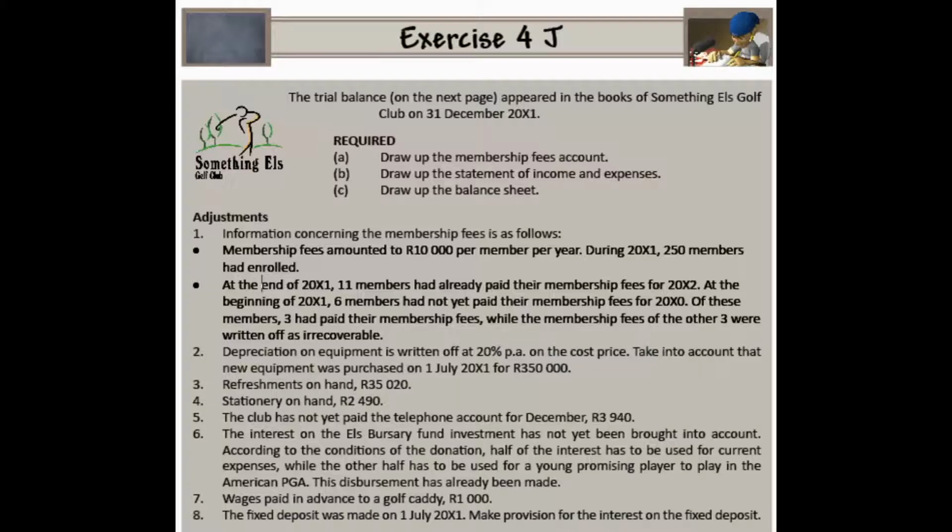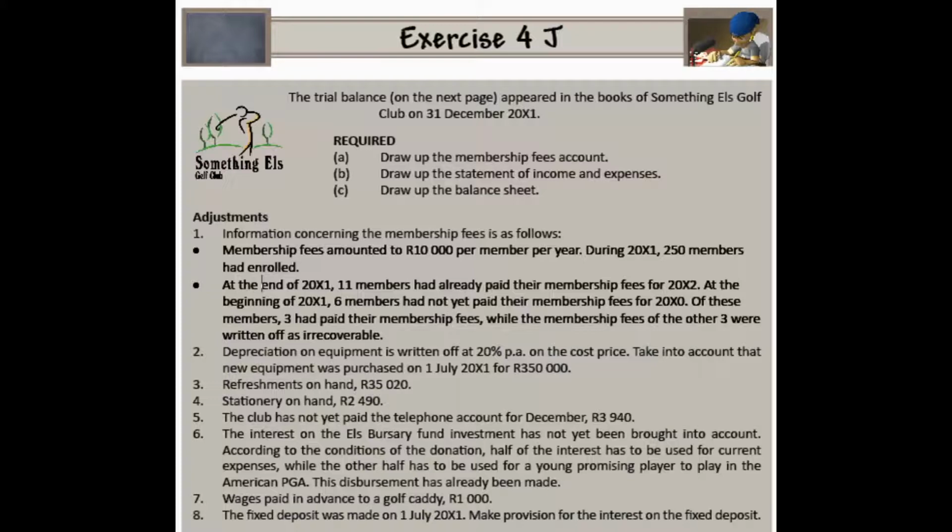Okay, let's do the rest of the adjustments. Number 3, refreshments on hand, 35020. Let me just say before we carry on: in this exercise, there is no section of the golf club that we need to do a trading account for.